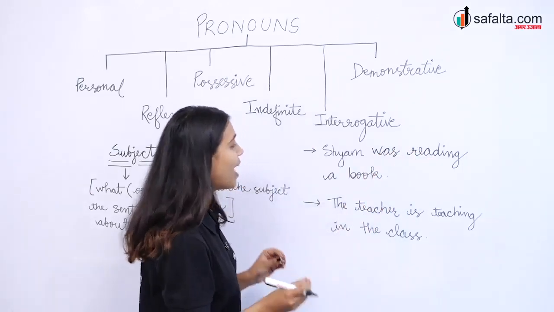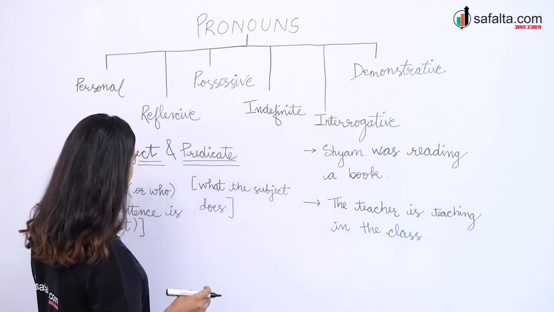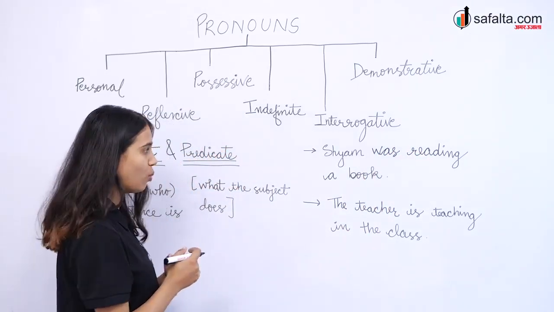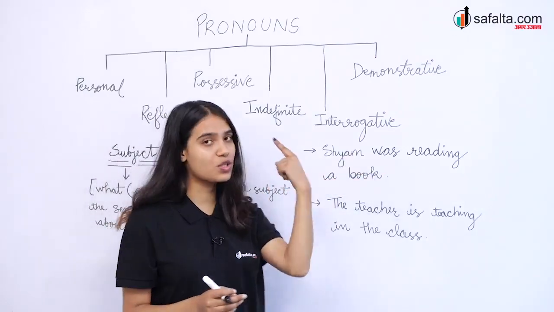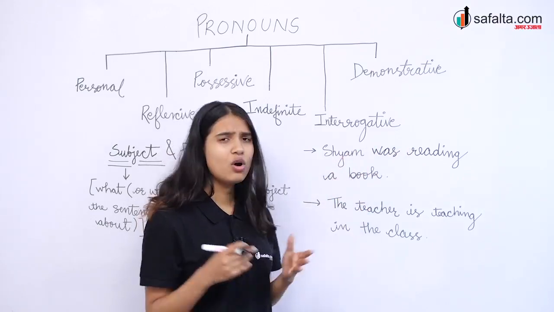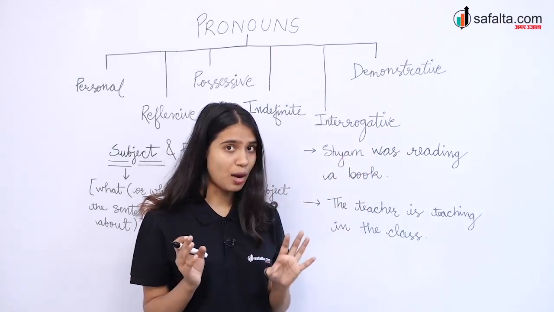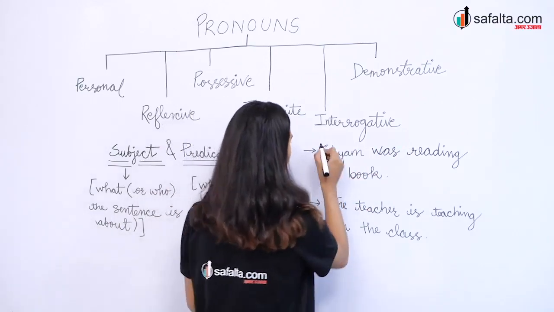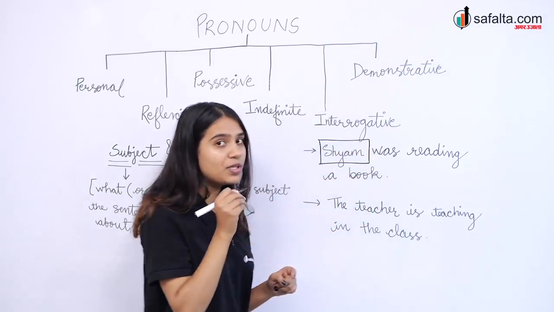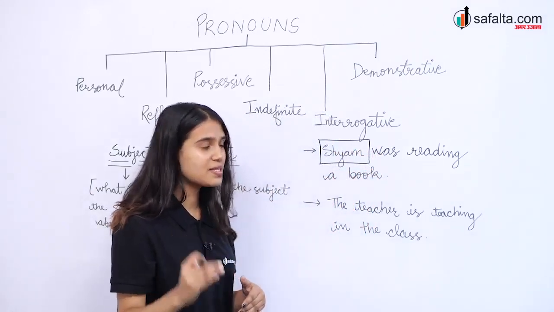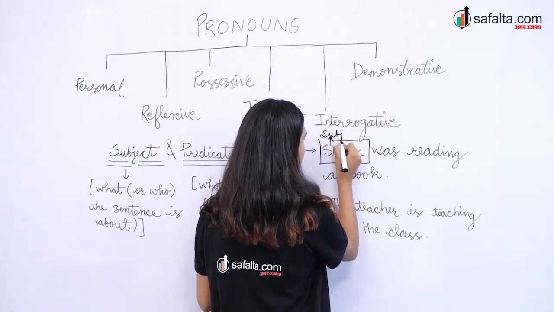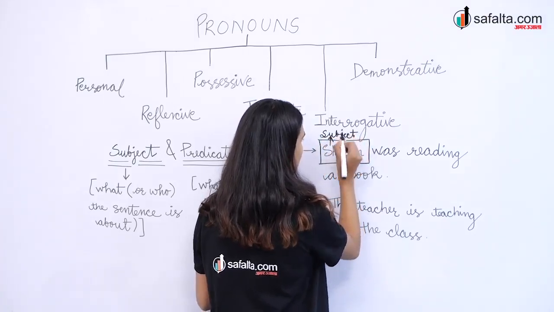As I said, subject is what or who the sentence is talking about. So when you read the sentence, you ask yourself, Sham was reading a book. Who was reading a book? Sham. So Sham is the person the sentence is about, so Sham is the subject of the sentence.